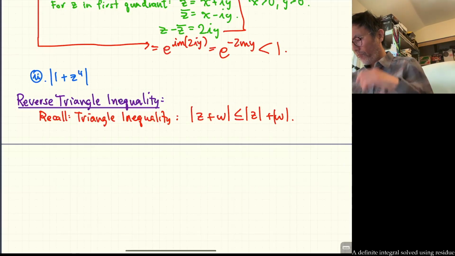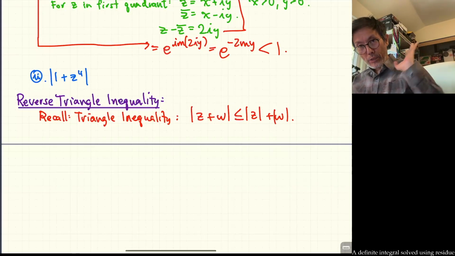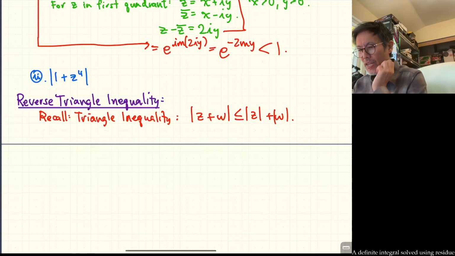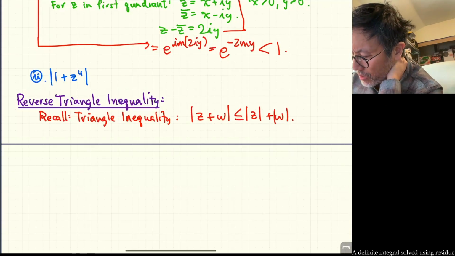Now, I'm going to use that to prove to you another inequality called the reverse triangle inequality. And this comes from the following idea.